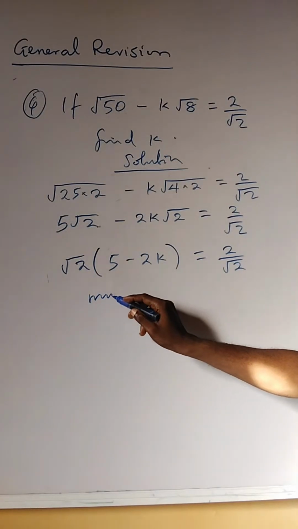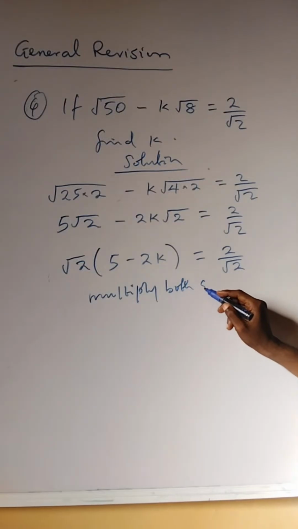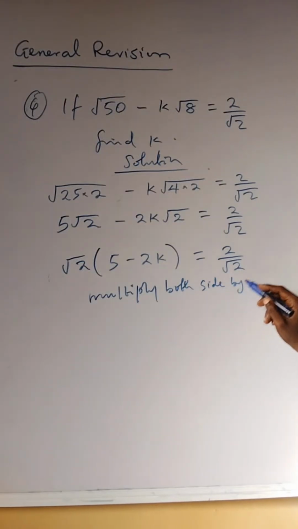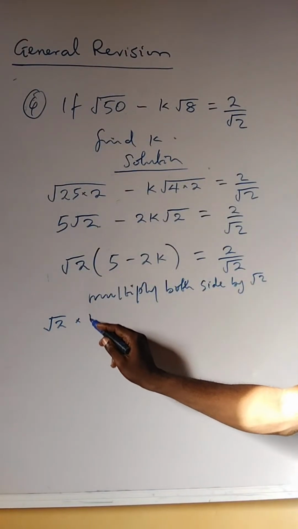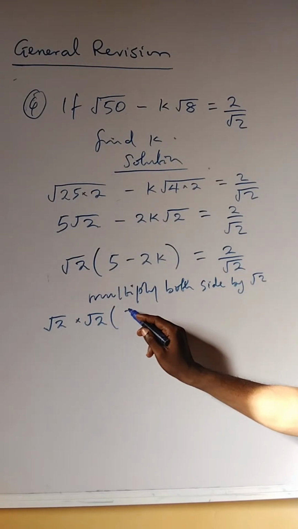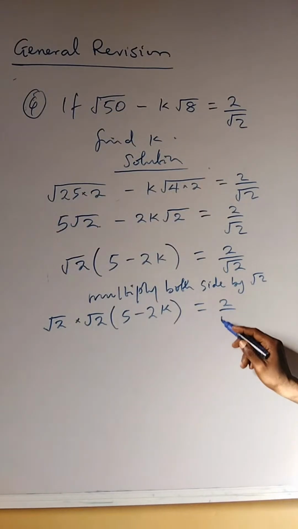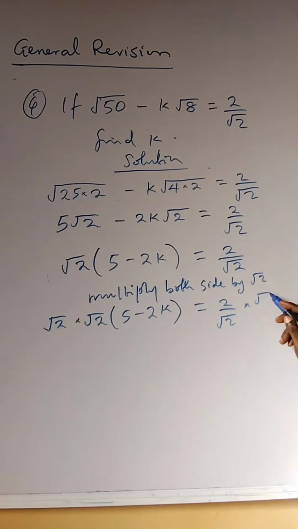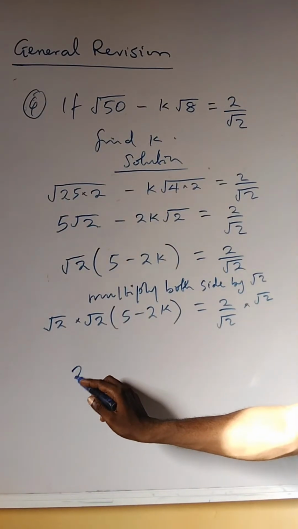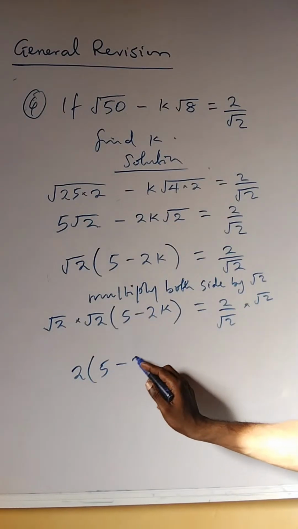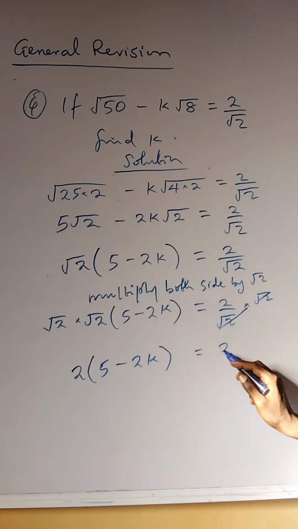We multiply both sides by root 2. So root 2 times root 2 into bracket 5 minus 2k equals 2 over root 2 multiplied by root 2. Don't forget that root 2 times root 2 will give us 2. So that's 2 into bracket 5 minus 2k, then here root 2 will cancel root 2, equals 2.